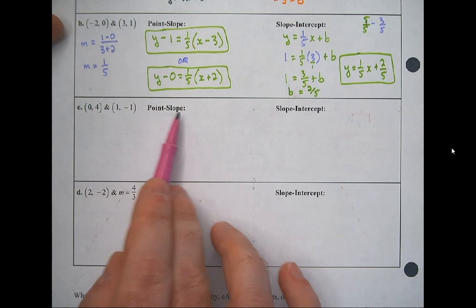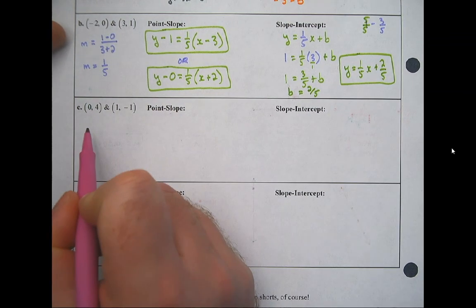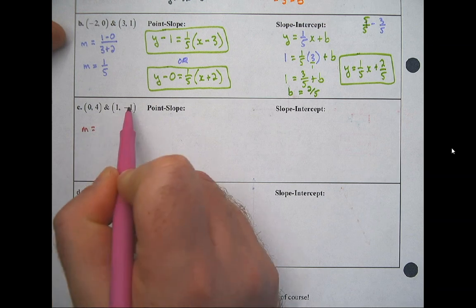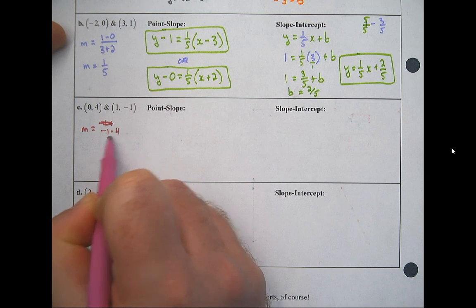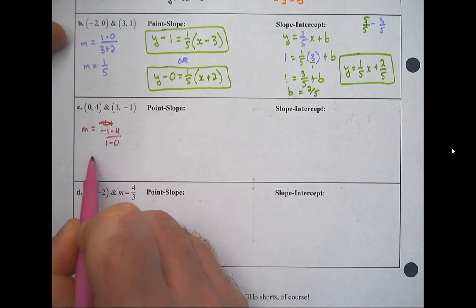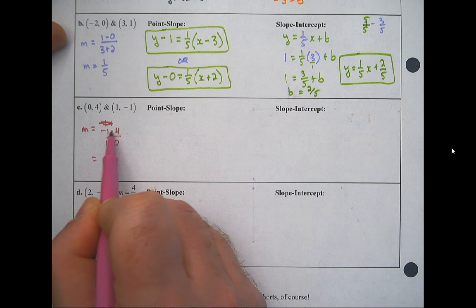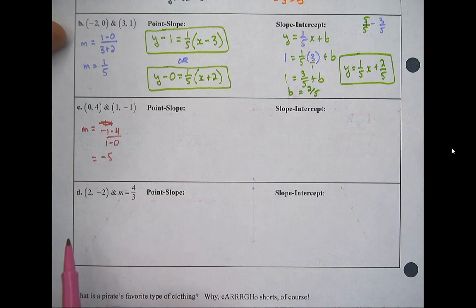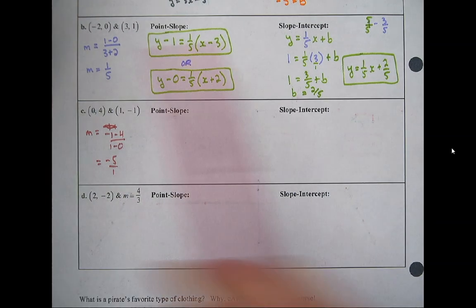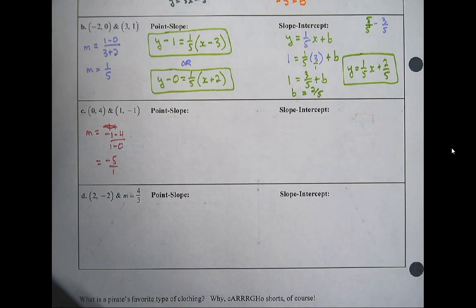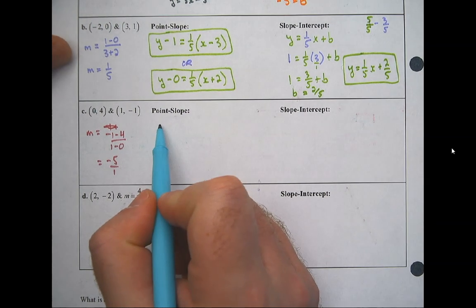Okay, for point slope, I've got points. I don't have the slope. So my slope needs to be calculated. So that's -1 plus, nope, -1 minus 4 over 1 minus 0. That would be -5 over 1. So that's just -5. If you want to put it back there in -5, you want to plug it in that way, it's fine. It's a little mathematically embarrassing, but it's legal.